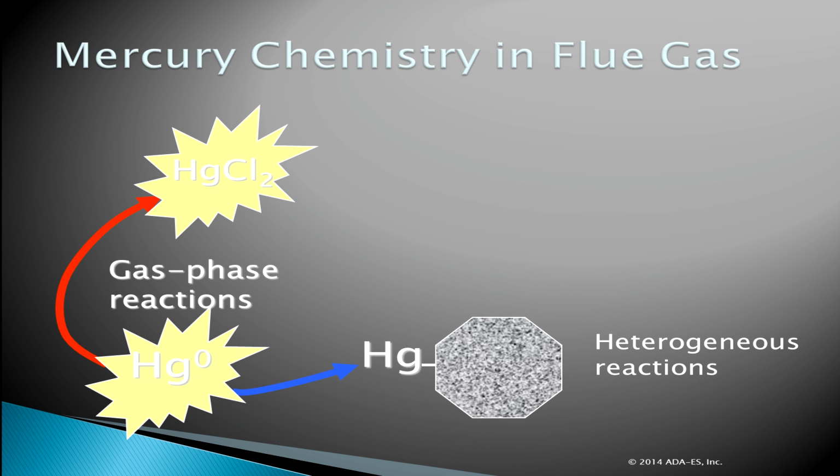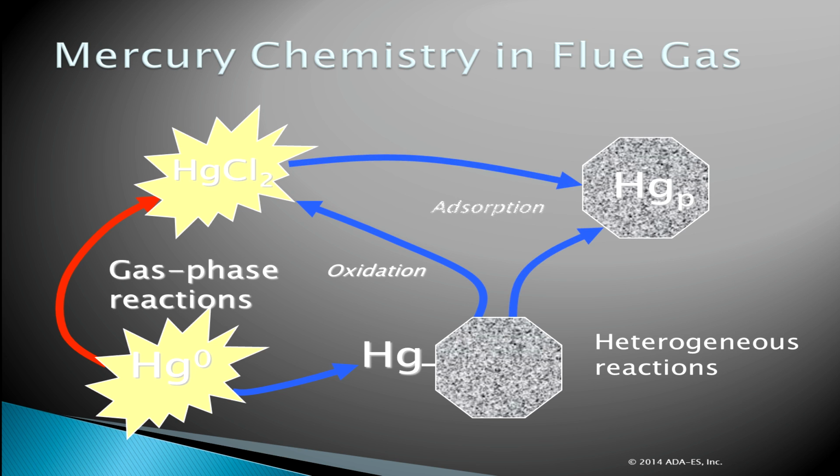It can undergo heterogeneous reactions, so it can react on particles in the gas. It can be adsorbed. It can be oxidized catalytically on those particles. And so we end up with our three forms of mercury: elemental, oxidized, and particulate, as the flue gases leave the boiler or the high temperature zone and enter the air pollution control equipment.